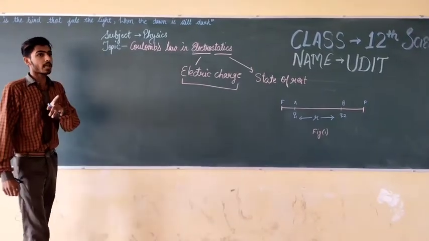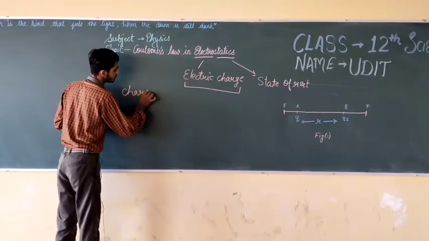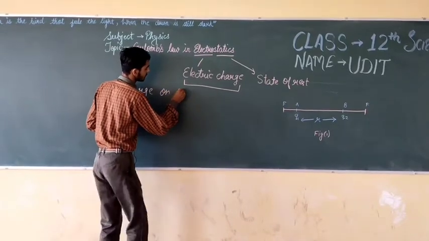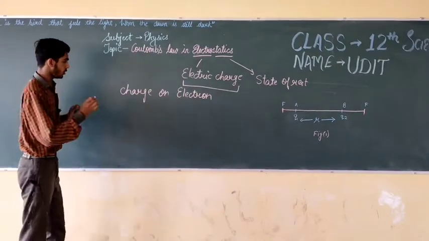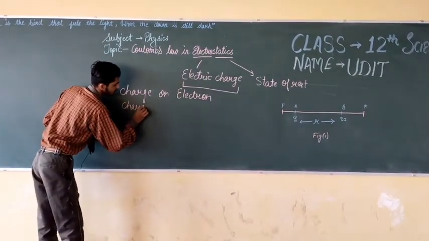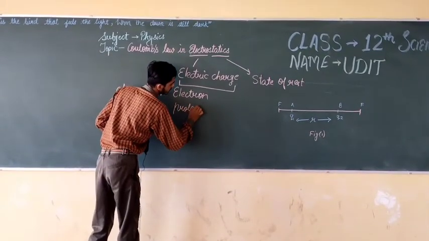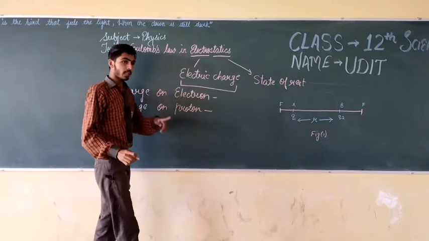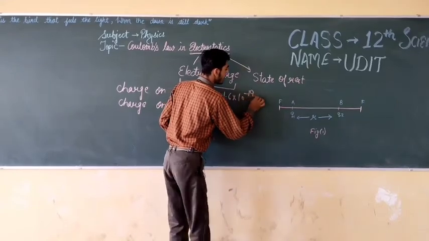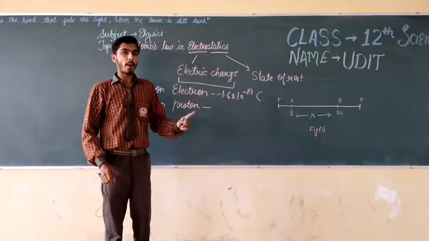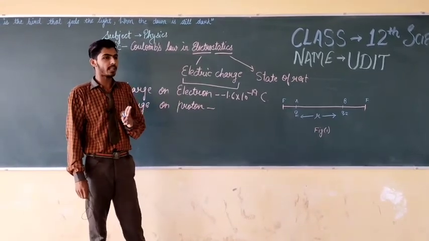Now let us know the value of the charge on an electron and the charge on a proton. Charge on electron is minus 1.6 into 10 raised to power minus 19 coulomb.